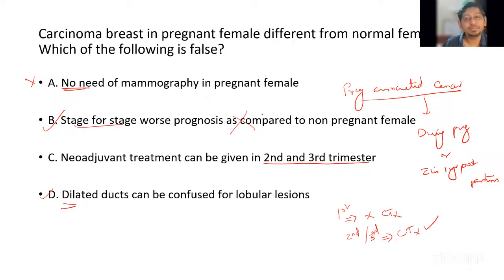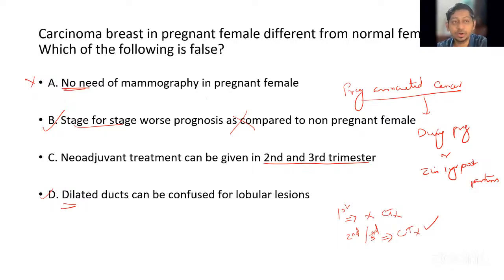Just that these patients tend to present older in age, and they are more hormone positive and HER2 negative. And so the stage for stage prognosis when you compare a pregnant and a non-pregnant female is the same. The risk factors for the breast cancer in a pregnant versus non-pregnant female also is the same. So this is the false statement. It is not worse as compared to a non-pregnant female.